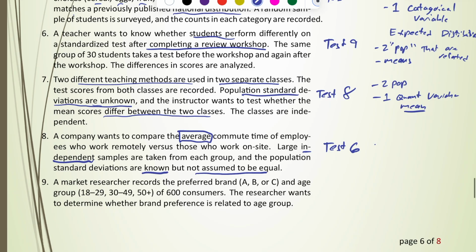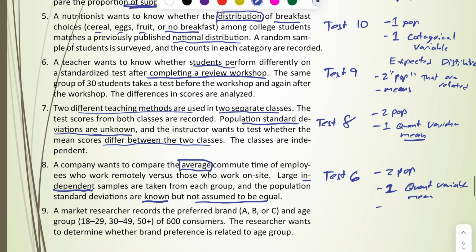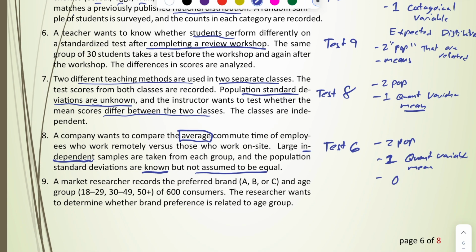So this is test 6: two populations, one quantitative variable, and we want the mean. And then sigma 1 does not equal sigma 2, but both are known.